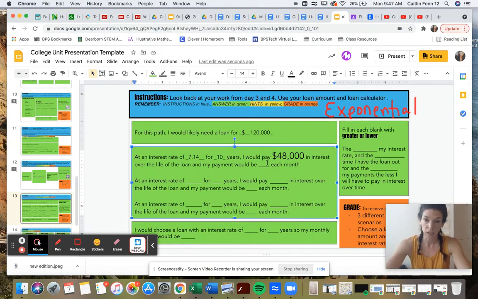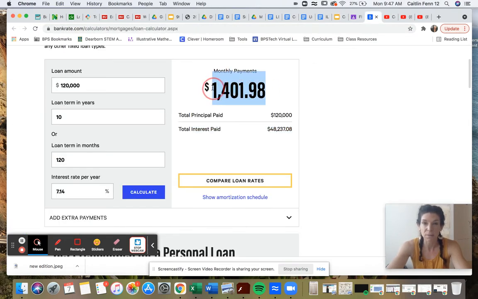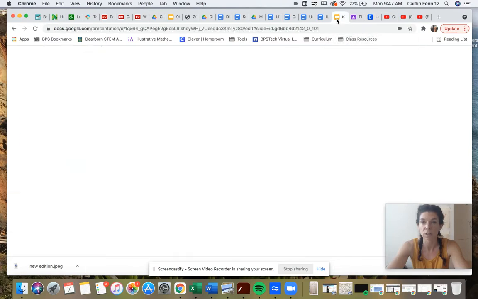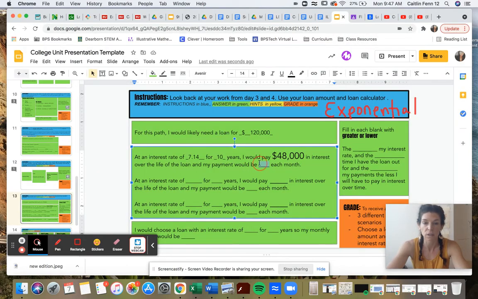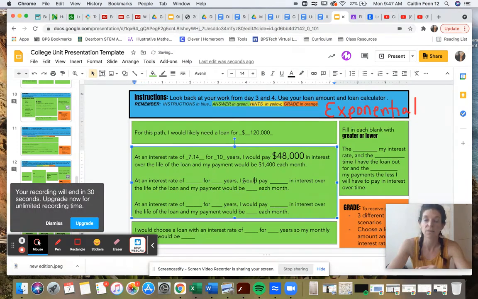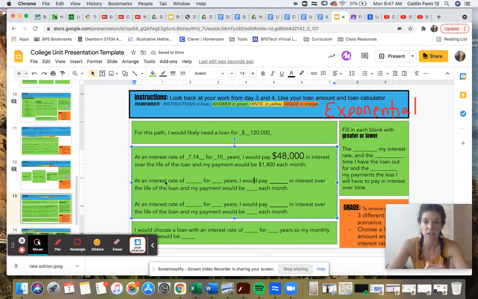Am I right? Okay, so then over the life of that loan and my payment each month, so every month, I'm still going to be paying $1,400. Now, what we should do is look at, okay, what if I have part of it on an interest rate that's with the government, so 2.75, or maybe your parents have to help with that loan.